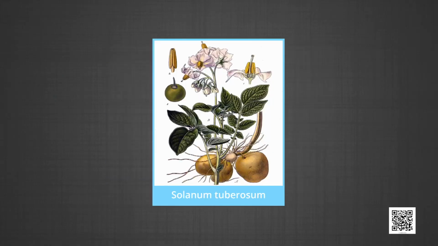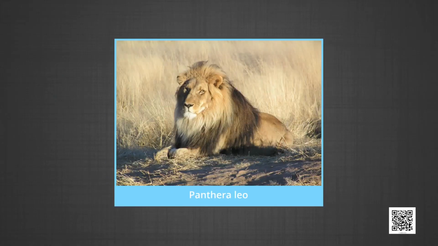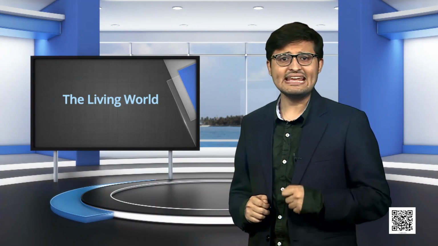Let us take an example: Mangifera indica, Solanum tuberosum, and Panthera leo. All the 3 names, indica, tuberosum, and leo, represent the specific epithet, while the first words, Mangifera, Solanum, and Panthera, are genera and represent another higher level of taxon or category.